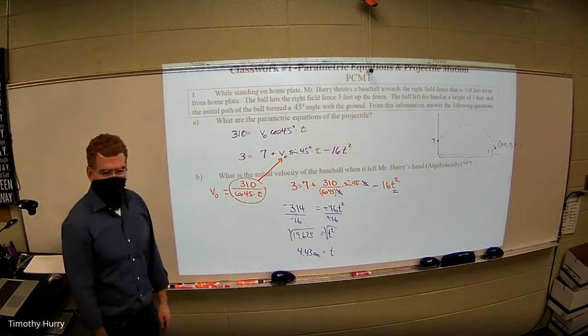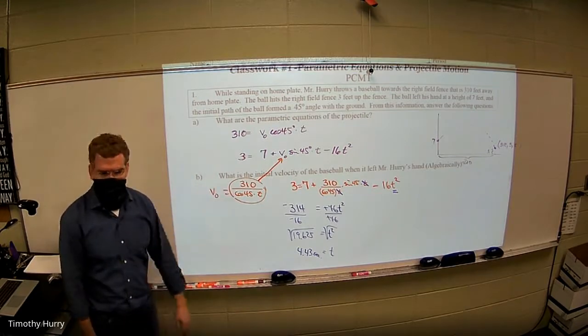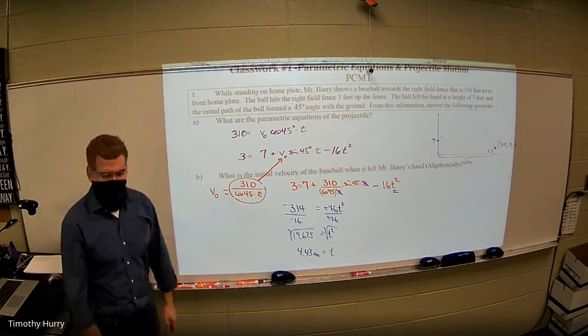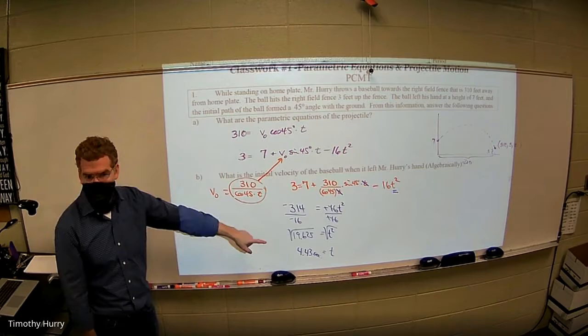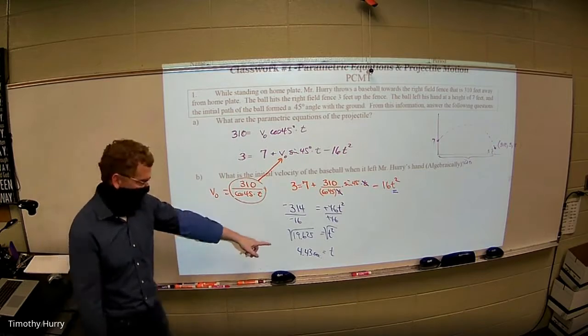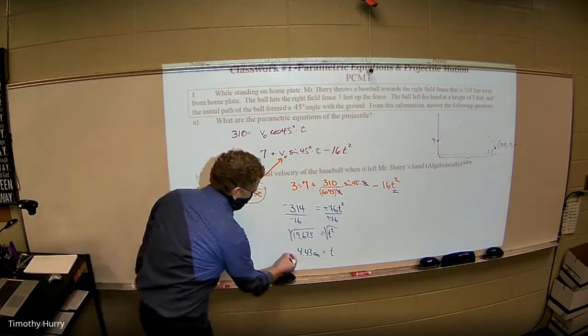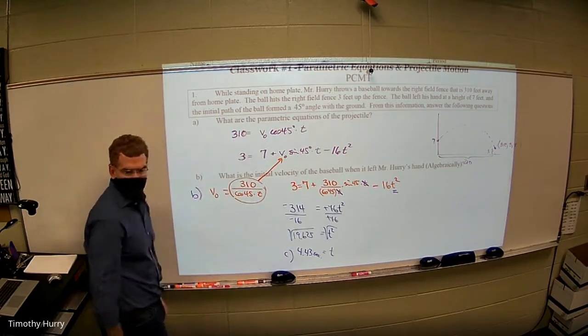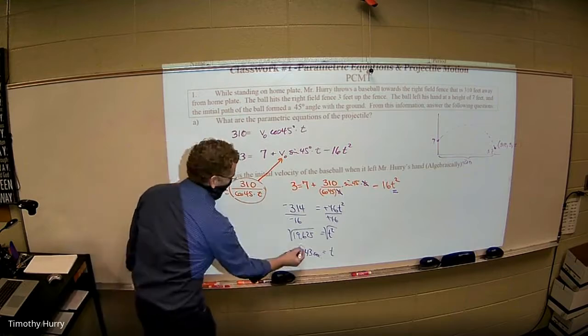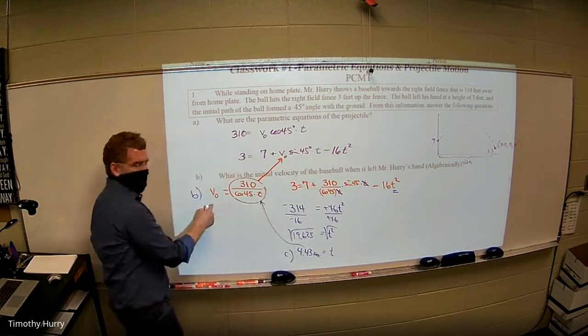Would probably depend on how elastic the fence is. Now, at that point, I've really answered part C. So that is how long it took to hit the fence right there. So we can call that the answer to C. And so for the answer to B, what am I going to do with that? Plug it back in for T to solve for V.